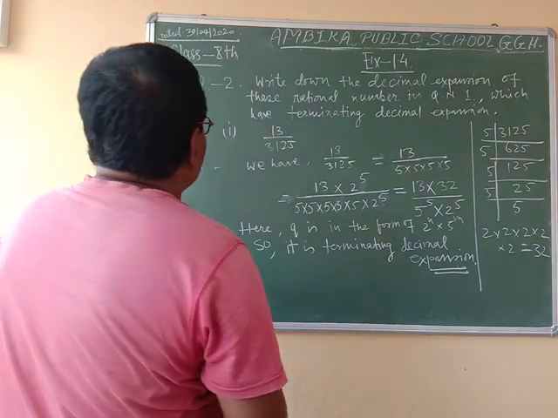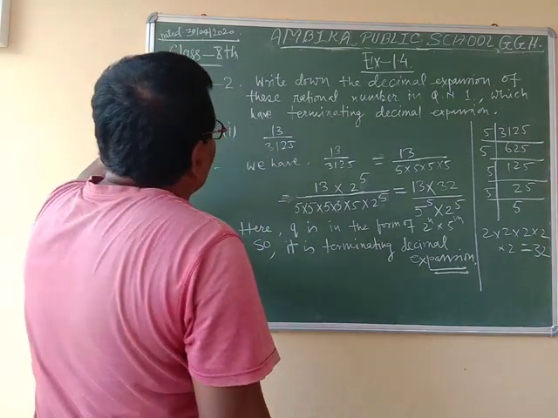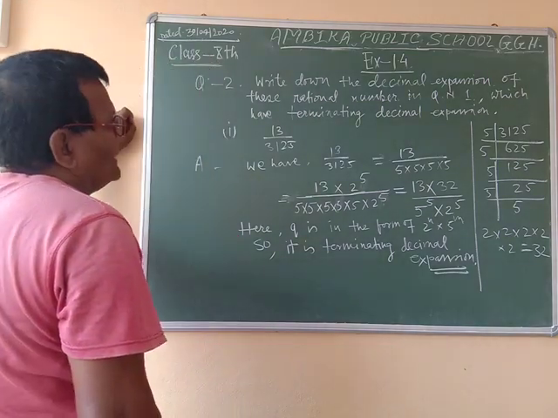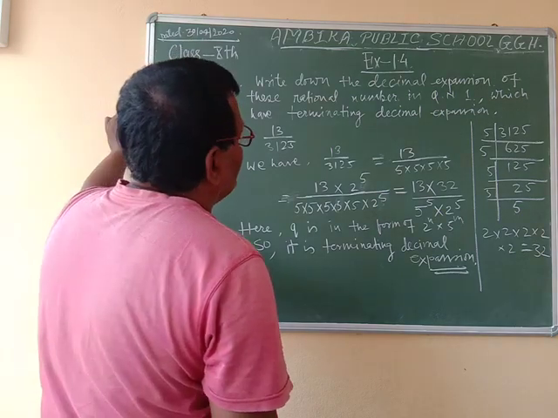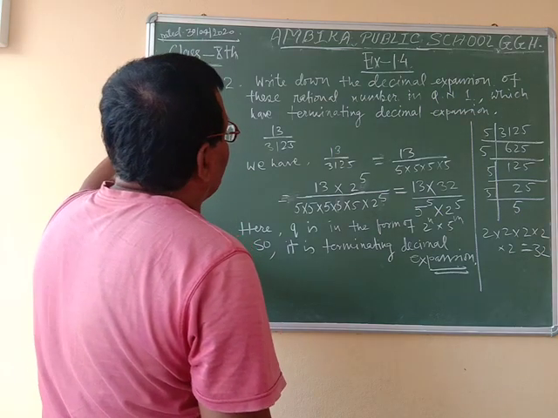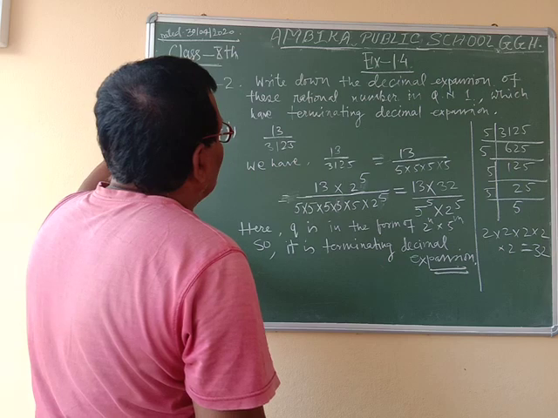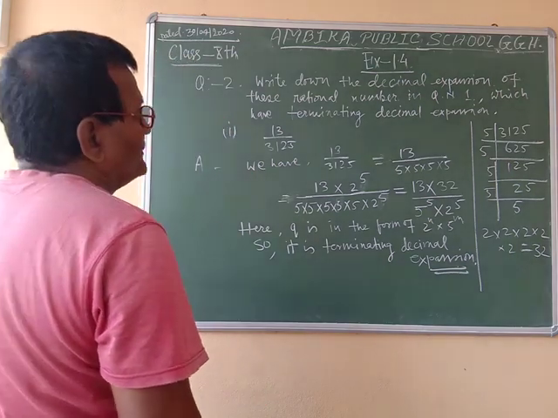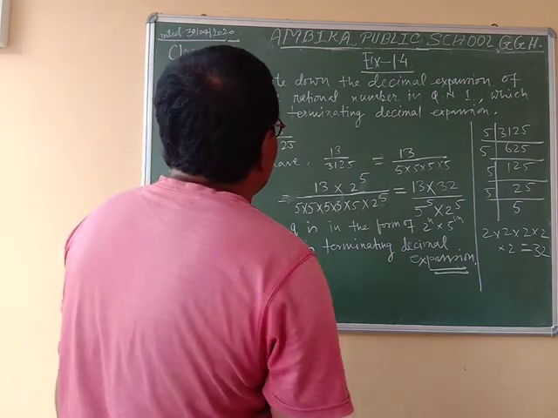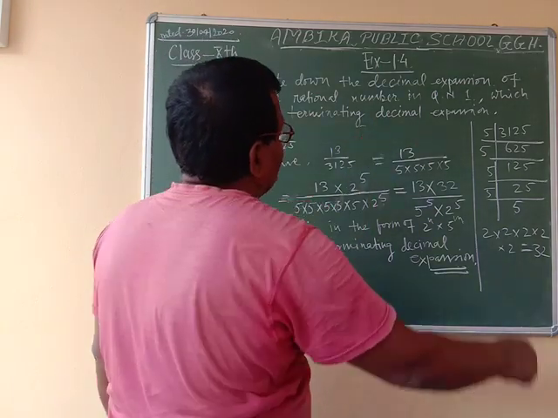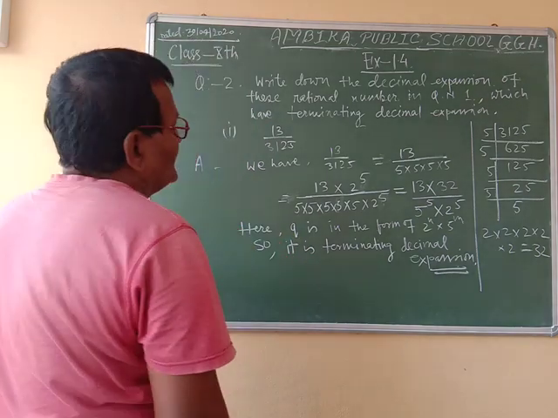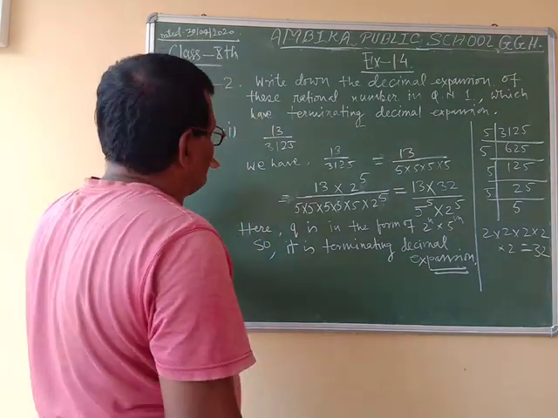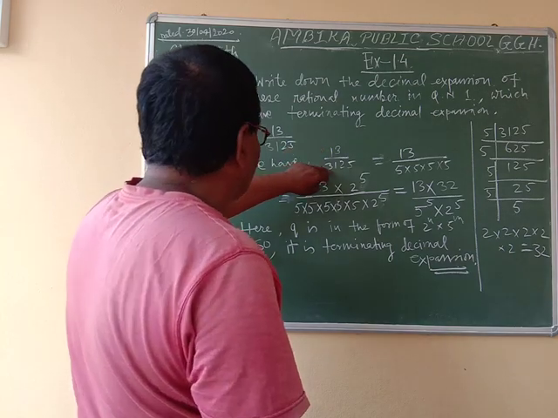Again I describe to you. Write down the decimal expansion of these rational numbers in question number 1 which have terminating decimal expansion. To solve this question we have 13/3125.